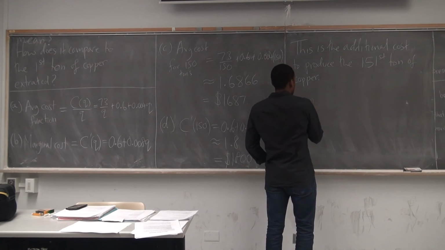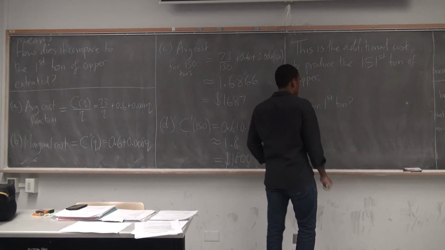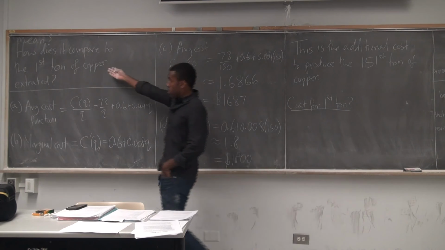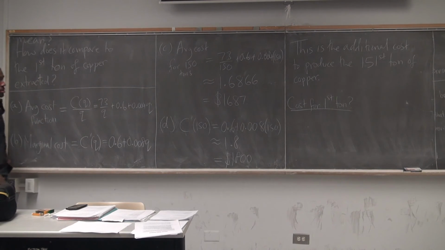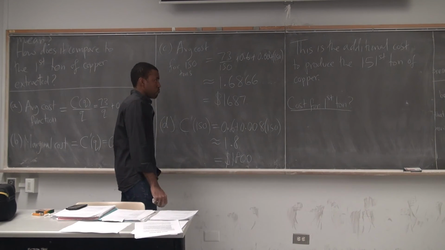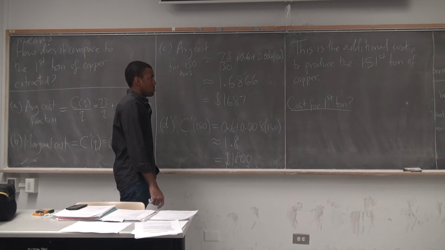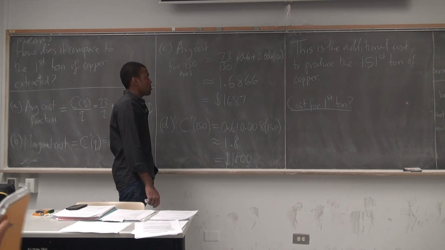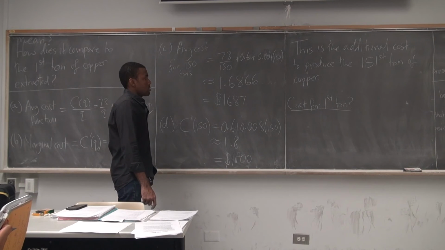By the way, what is the cost for the first ton? It says, how does this compare to the first ton of copper extracted? How would I figure that out? I only have one thing, so the average cost is not needed.